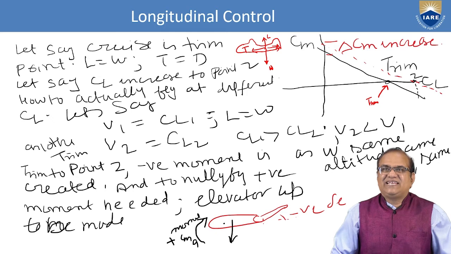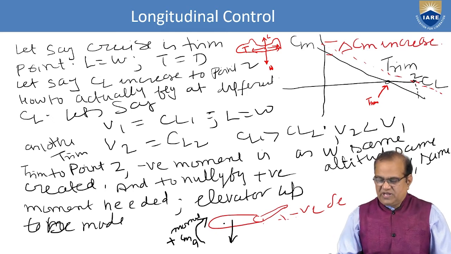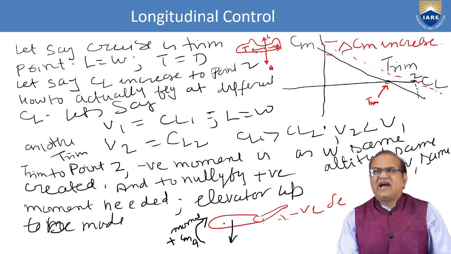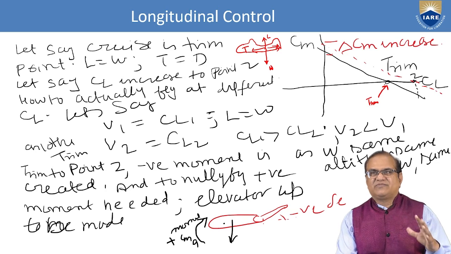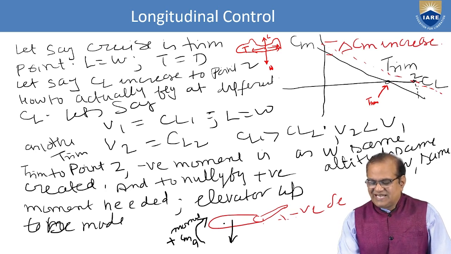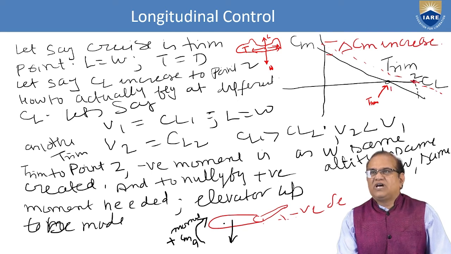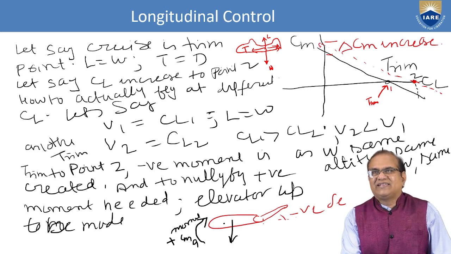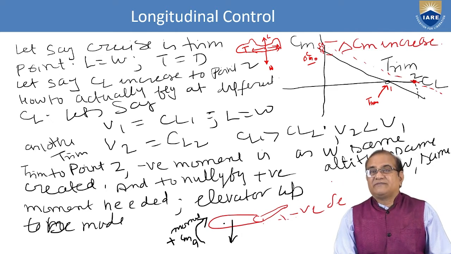Let's say CL increases by 0.2. Now we are here, and due to some gust or something, this CL is increased. If we take from here a line parallel to this, because we want the same slope, we need here a positive delta Cm naught. We need this much increase of CL.